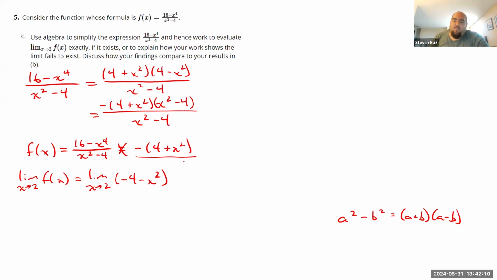They agree everywhere except for this one point, but their limits do agree. Now I can evaluate this limit directly, basically just by substituting. This limit is equal to negative 4 minus 2 squared, which is negative 8, what we claimed in our last part.